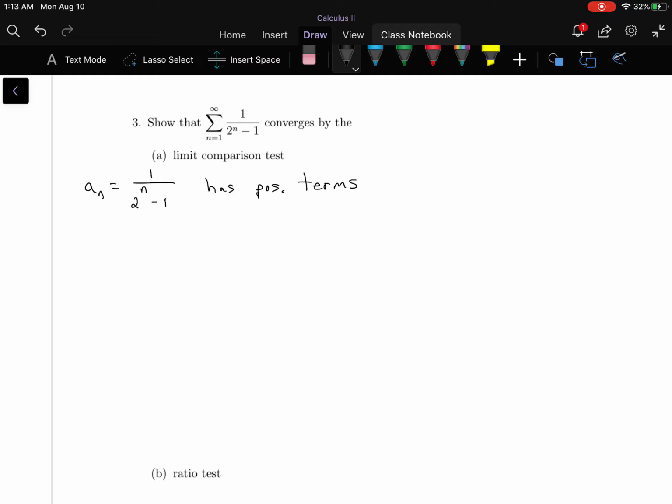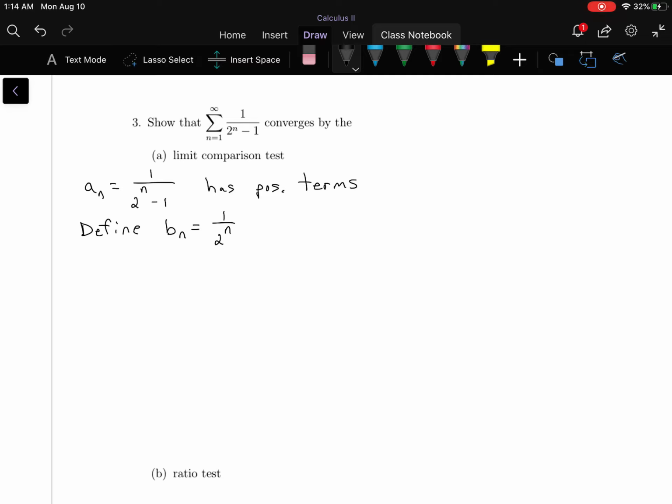Now I am going to choose or define b_n to be 1 over 2 to the n. And so I'm choosing that because I can see that it simplifies this ratio. And I know that 2 to the n is a bigger number than 2 to the n minus 1. And so being that I'm dividing by a larger number, I know two things.